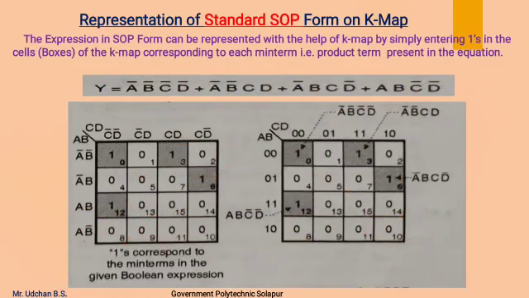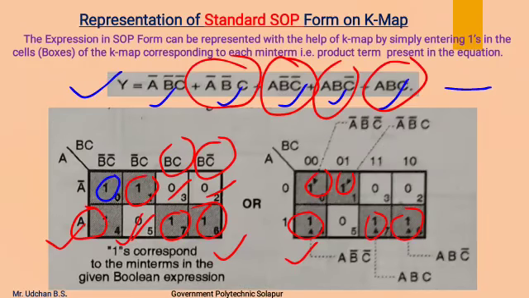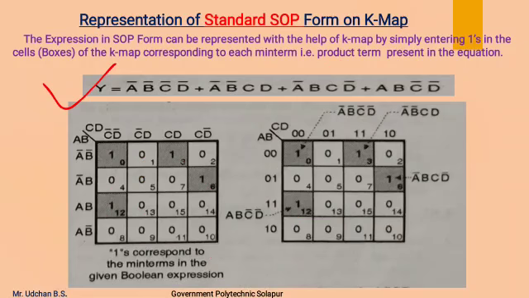Now we will see the representation of standard SOP form on the Kmap for the next Boolean expression, which contains 4 variables. In the previous one the Boolean expression contained 3 variables, so we used a 3 variable Kmap. Now as this expression contains 4 variables in each product term, we have to use the 4 variable Kmap.